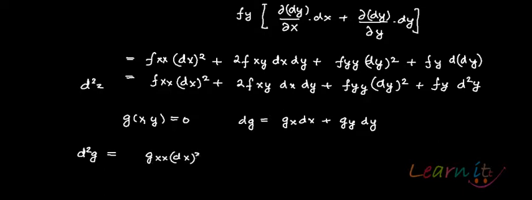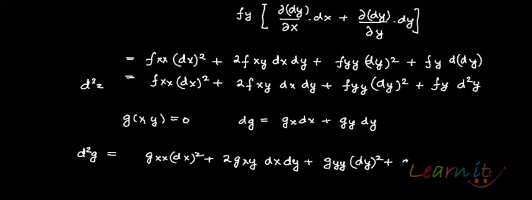The same procedure which we have followed for f of xy, you can get here also. 2gxy dx dy plus gyy dy square plus gy d2y. This is what you will have.